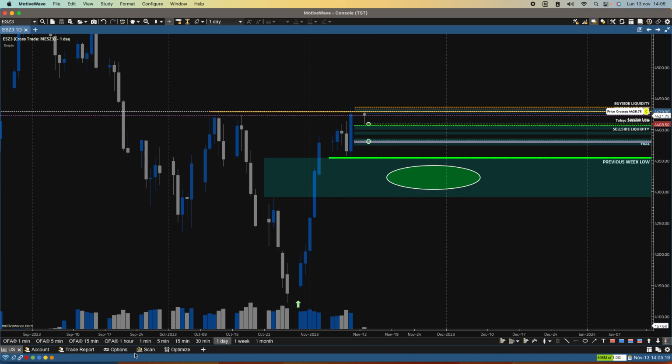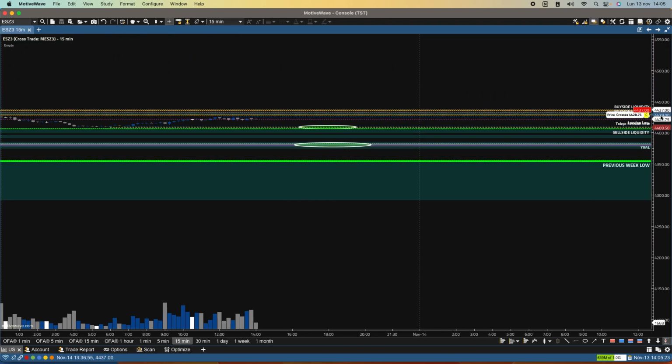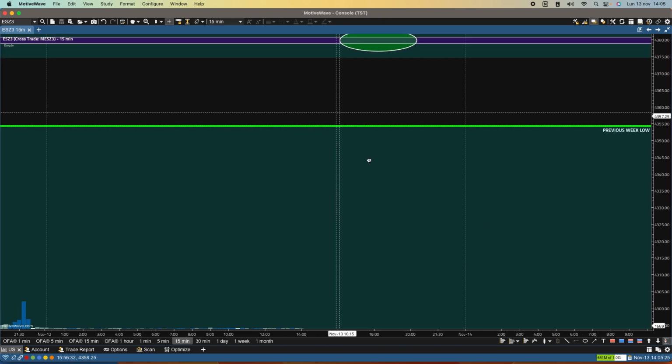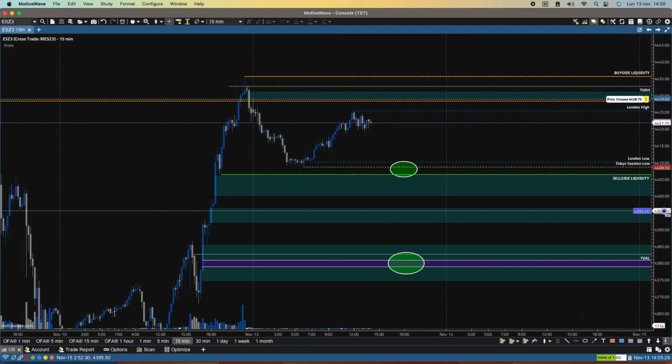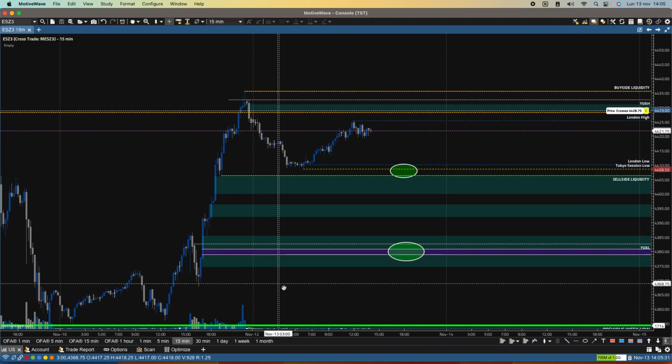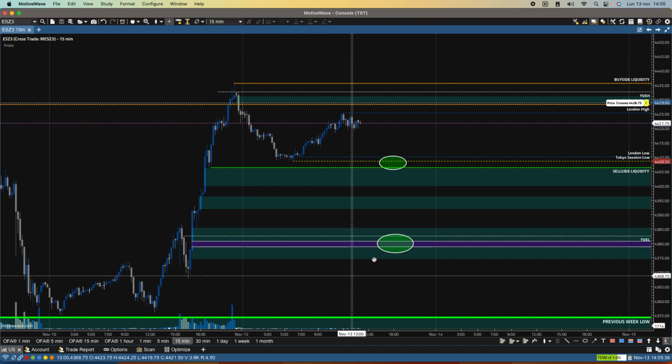On the 50 minutes time frame, which is my guide time frame for an intraday basis, I already highlighted the key zones.